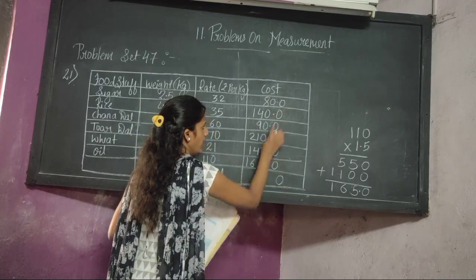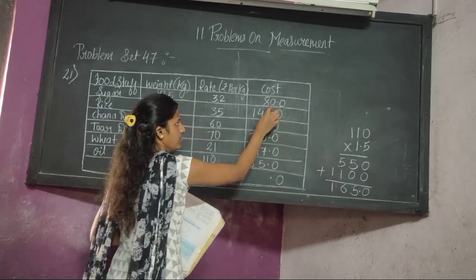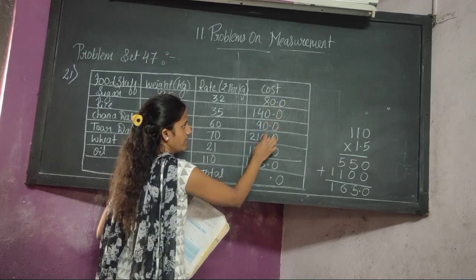Now let's add the total cost. This will be 0 and the point we will take as it is. Here it will be 7. Here we will have 0 zeros.